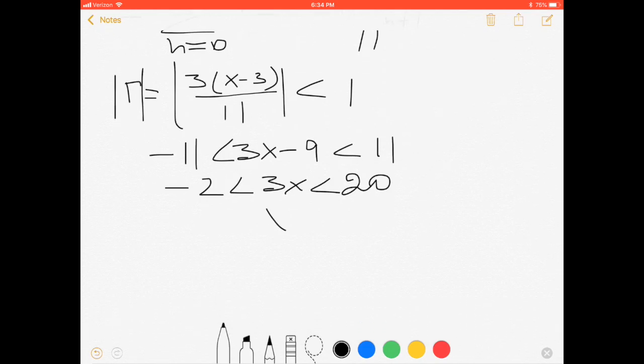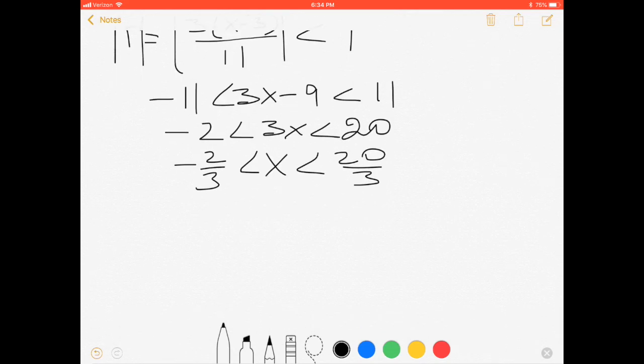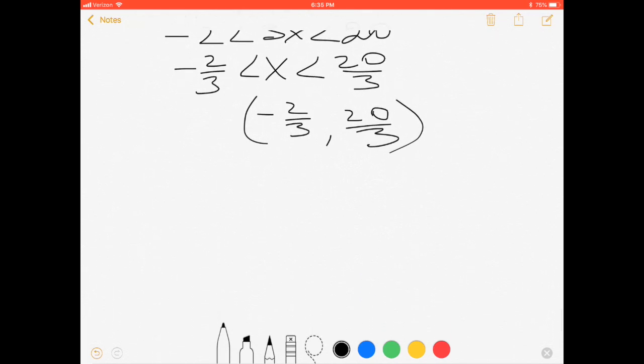Divide by 3, you have x between negative 2/3 and 20/3. Here we don't need to check endpoints because we talk about a geometric series, and we don't need any integration or differentiation. Don't plug in endpoints in this situation. Save time. This means the interval of convergence is the open interval from negative 2/3 to 20/3.